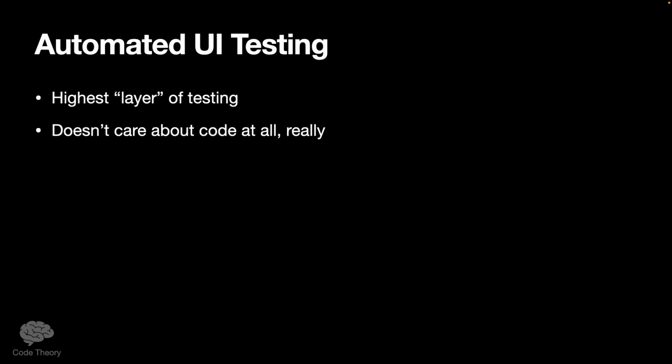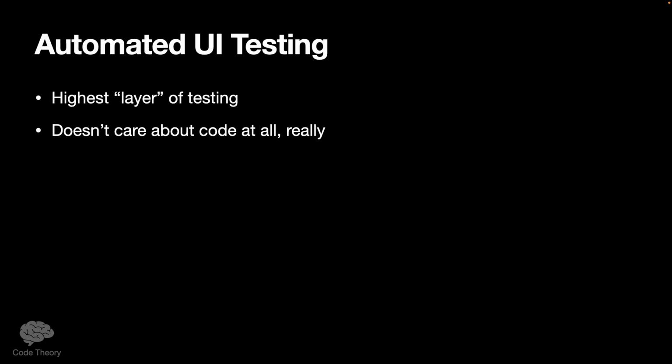They are the layer closest to the user. They pretend to be the user, okay? So automated UI testing, basically, is the highest layer, and it doesn't really care about the underlying code at all. What it cares about is your user interface. It's in the name, UI testing, user interface testing. You're just testing if the user interface does what you expect it to.